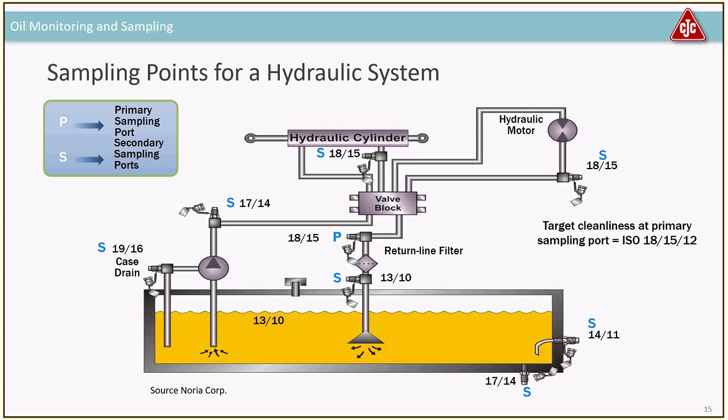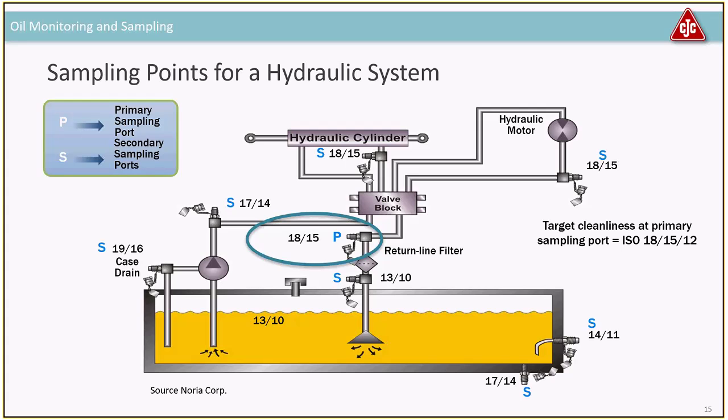Also, what makes good sense is to have a number of sample points. So you have your primary sample point, and in this case this is the one here just before the filter, on the return line from all the valves, all the cylinders, all the hydraulic motors. Could also be on turbines and so on, where you have a number of bearings.